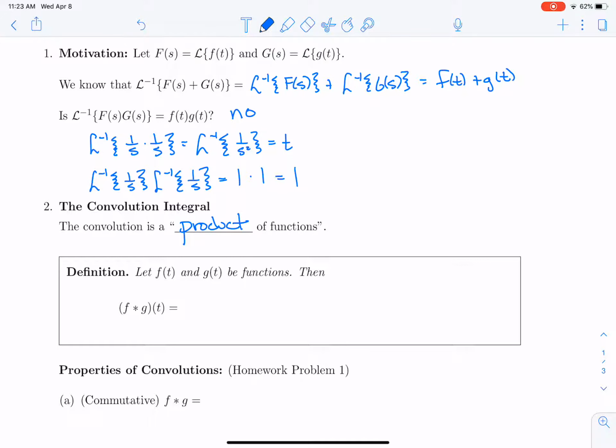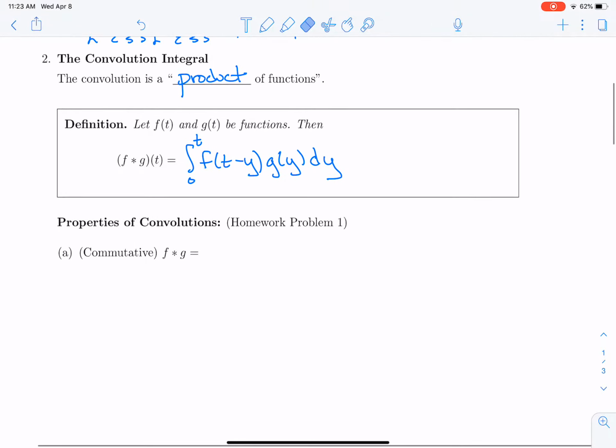So I'm going to let f and g be functions, and I'm going to define f star g as a function of t to be equal to the integral from 0 to t of f of t minus y times g of y dy.